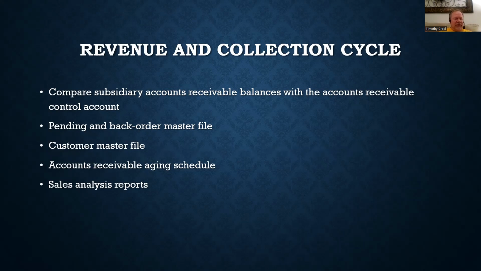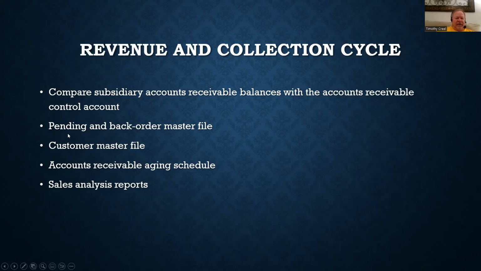So that's what's going to show there. But think about it, all the individual balances to our customers are what's going to make up that total. So one of the things as an auditor you'd want to do is compare all the subsidiary balances to make sure that all of those agree with the total in the control account.